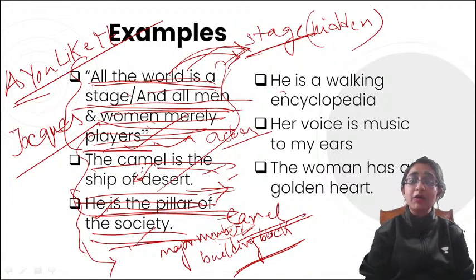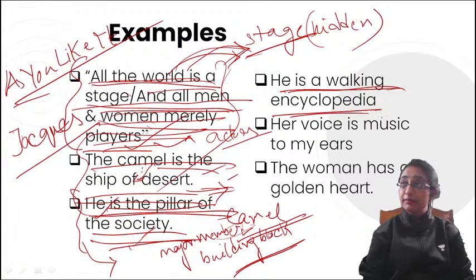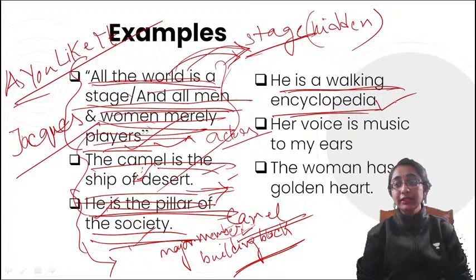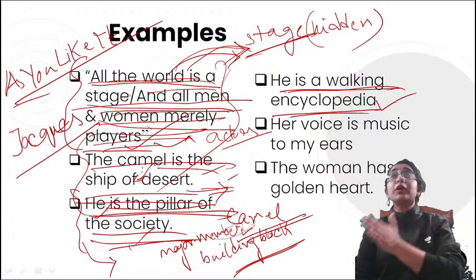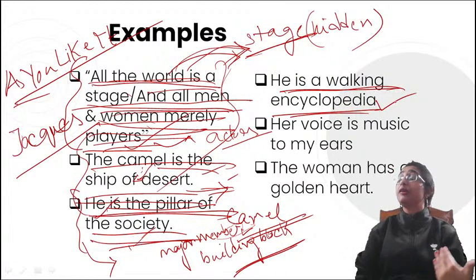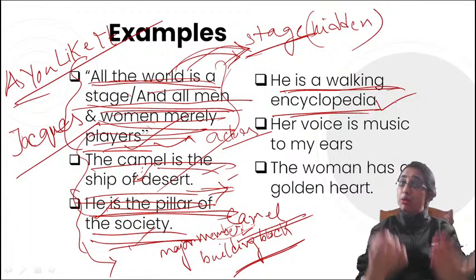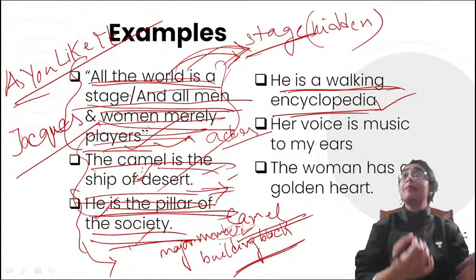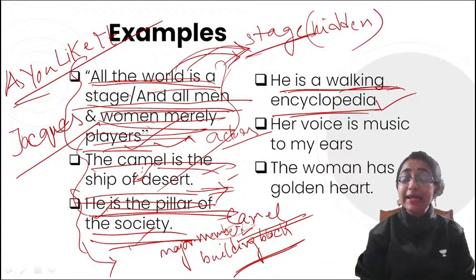Next is, he is a walking encyclopedia. Now, encyclopedia is a storehouse of vast knowledge. This man is compared to an encyclopedia on the point of his knowledge. The man is so knowledgeable, it seems as if the whole encyclopedia has come to life. That is why walking encyclopedia.